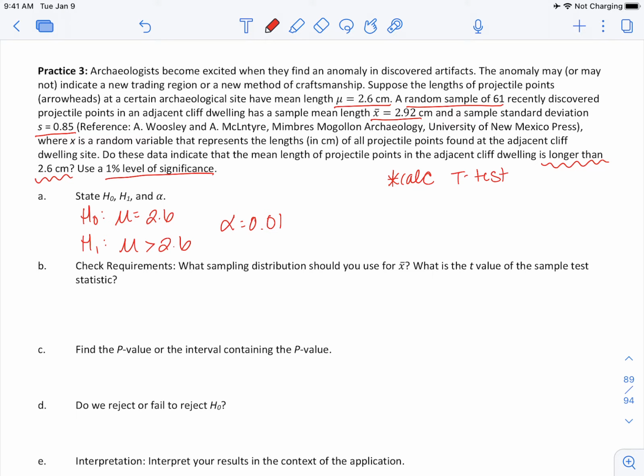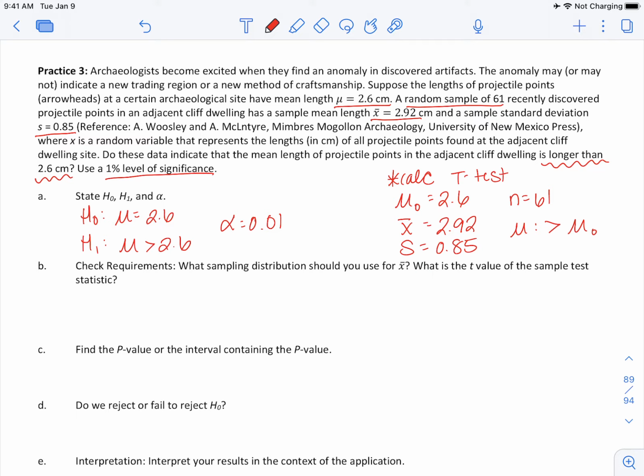Okay, so using the t-test, we're going to set our mu 0 equal to 2.6. Our X bar is equal to 2.92. Your S is equal to 0.85. Our sample size N is 61. And we're going to choose that mu is greater than mu 0 based on our alternate hypothesis.